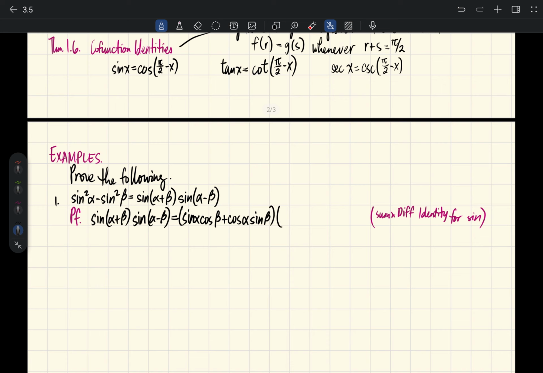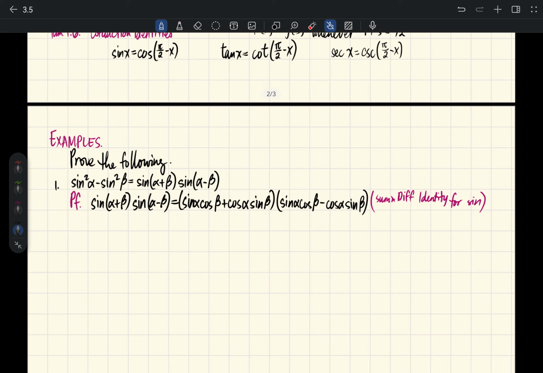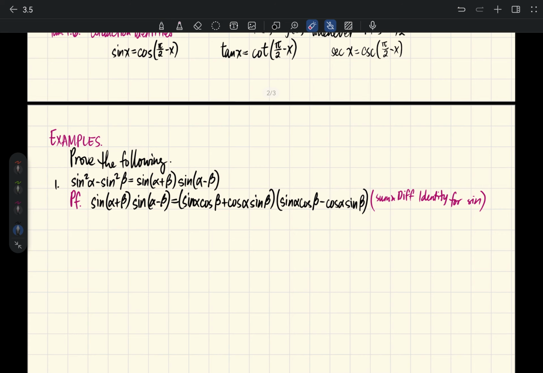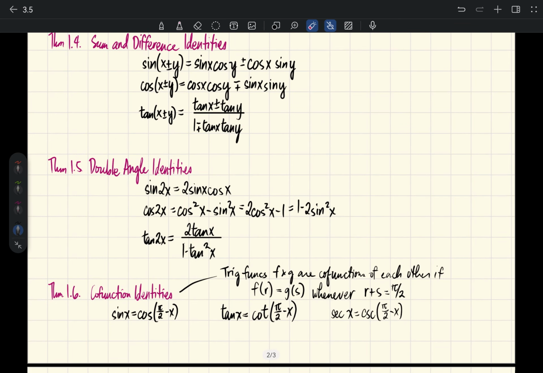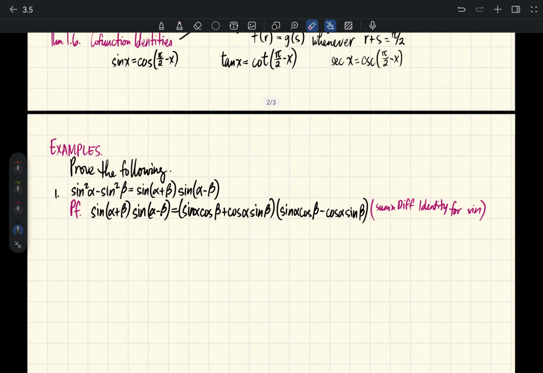And for the second one, it's the same, but gagawin lang nating minus this one. So you have sin cos sin. Okay, so what we just did here in our first step is use the sum and difference identity for sine.